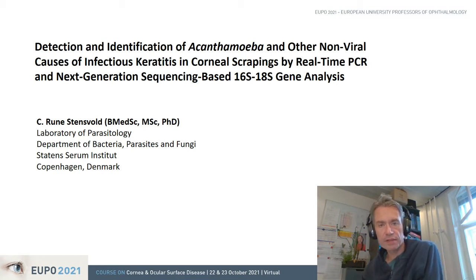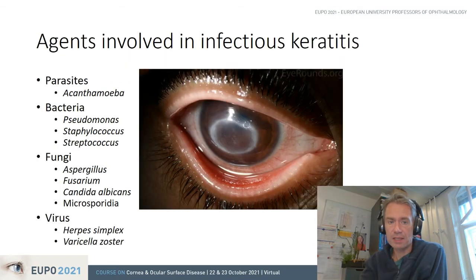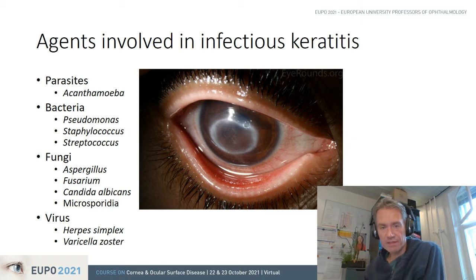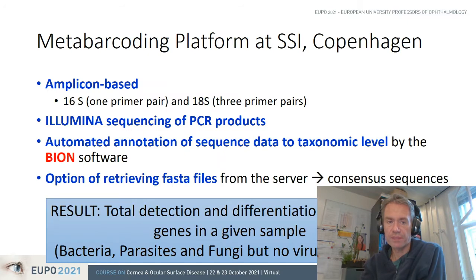So the title of this presentation is Detection and Identification of Acanthamoeba and Other Non-Viral Causes of Infectious Keratitis in Corneal Scrapings by Real-Time PCR and by Next-Generation Sequencing-Based 16S and 18S Gene Analysis. As you know, infectious keratitis can be due to a number of different microorganisms, including parasites, bacteria, fungi, and viruses.